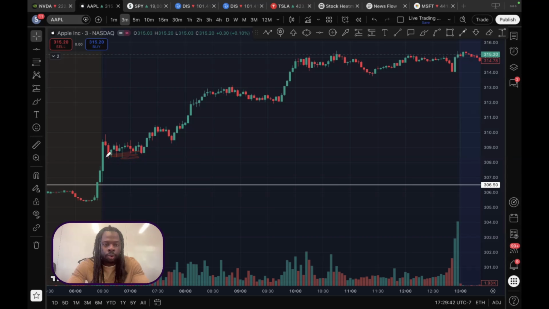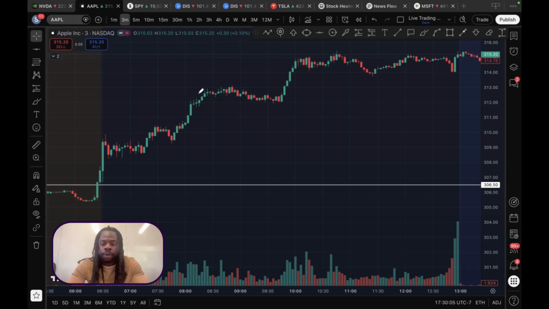So around this level was a good place to enter and play the next ride to the upside. Either that, or if you understand price action, when we establish that high right here, you can wait for a break and wait for the retest at this level, and catch that entry on the retest of that previous high and catch the next move to the upside.